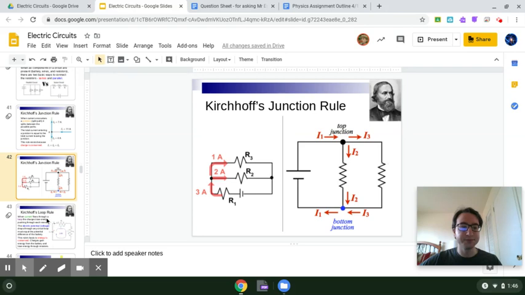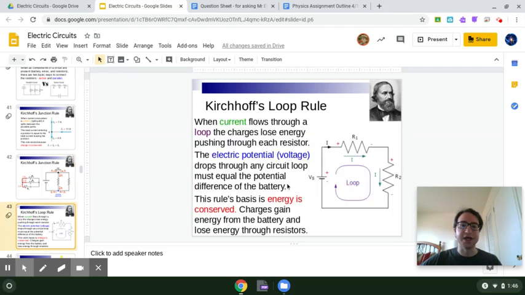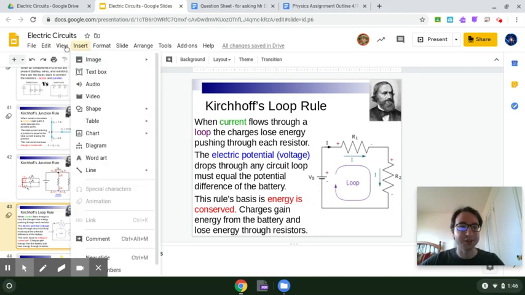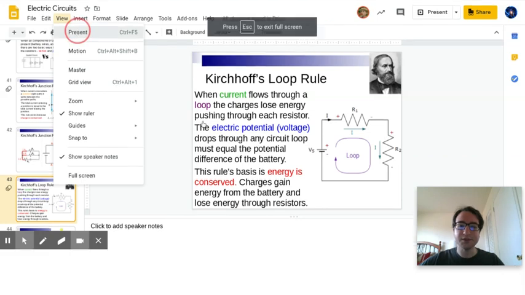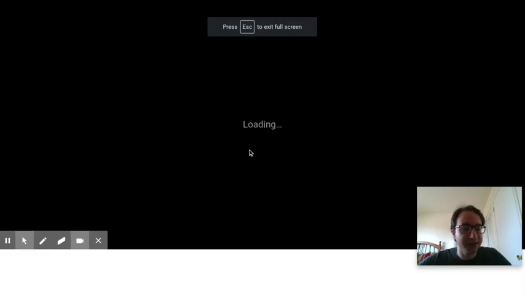Kirchhoff's loop rule says that as you go around a loop of circuit, as that current flows in a loop from one terminal of the battery through to the other side, the voltage that it drops pushing through resistors is equal to the voltage it gets back through the battery. This rule is based off the conservation of energy, as you might remember, and it just says that you use voltage to push through resistors.